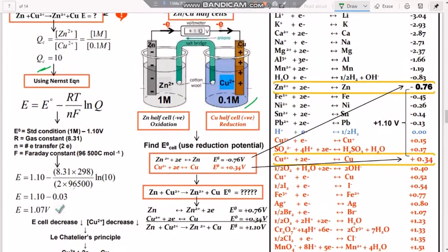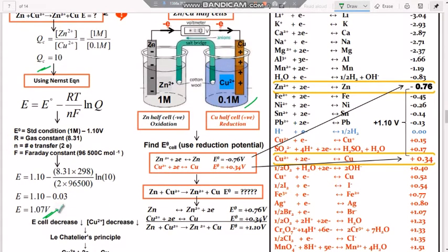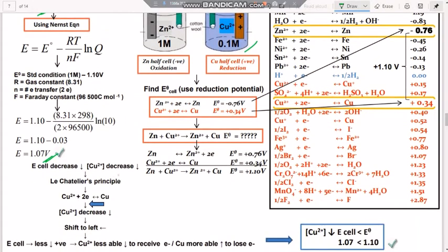After observing the EMF of the cell, we found it decreased to less than 1.10. That means when the concentration of copper ion is decreased, the cell potential will be lesser than the E naught cell of the standard states. This is the most important thing. E cell decreases when the concentration of the copper ion decreases.